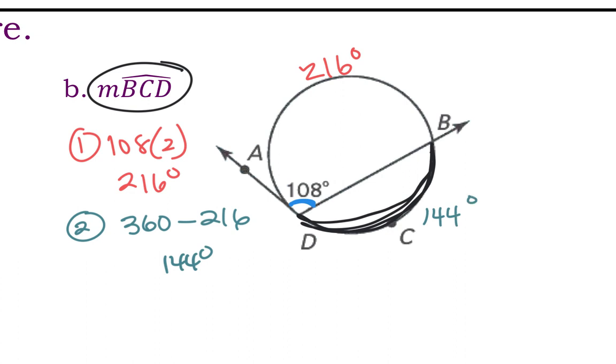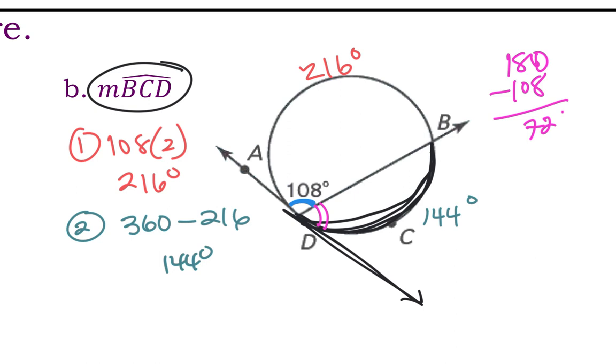Now, you can do this a different way. If this line was to extend, if this line was to continue, could y'all figure out this other angle on the other side of 108? How? We can subtract it from 180. 180, take away 108. What would that get us? 72, right? This would be 72 degrees. And if that's 72, how can you figure out its arc?